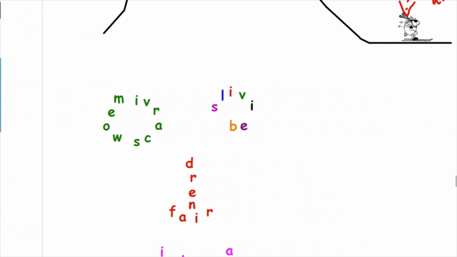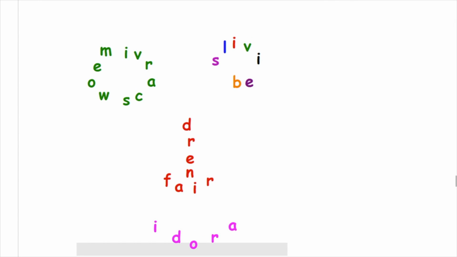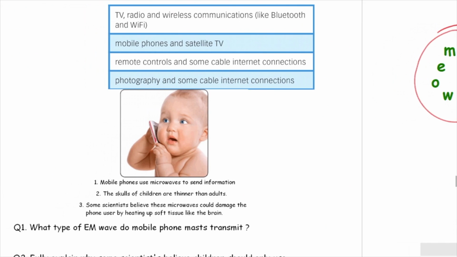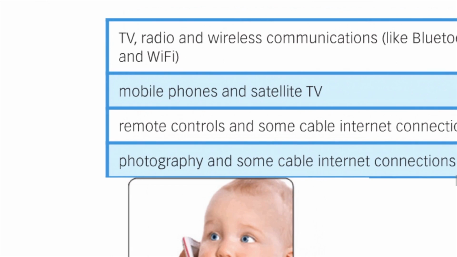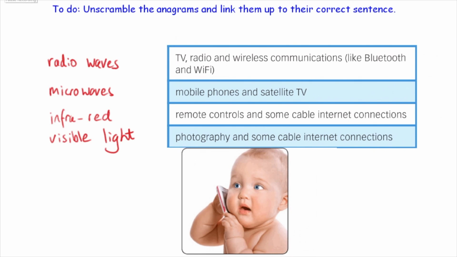And these are the anagrams, and then you have to put them next to the correct sentence. So for example, if you unscramble that, it's microwaves. Then you go over here and find which one it is for microwaves and write it to the left hand side. Okay, compare your answers now to what I've added in there.